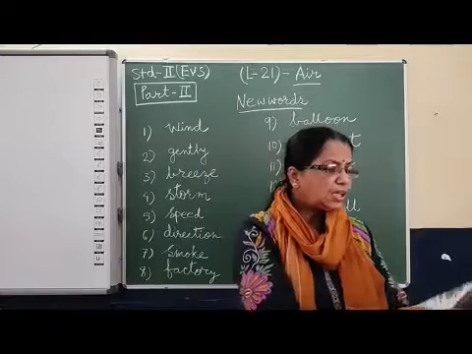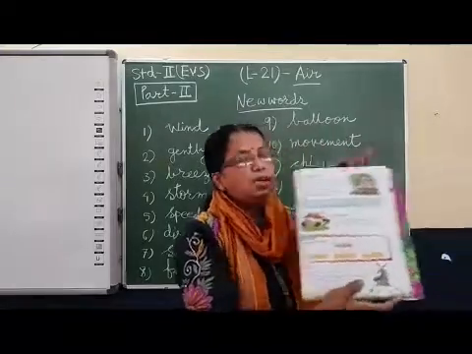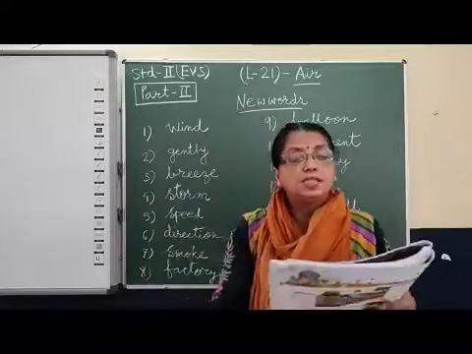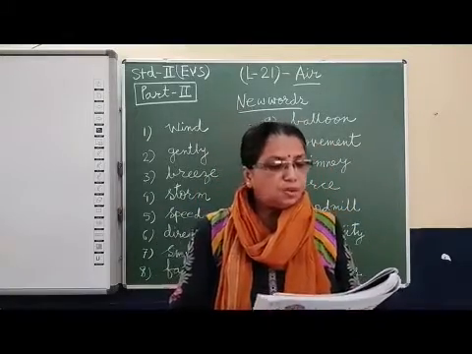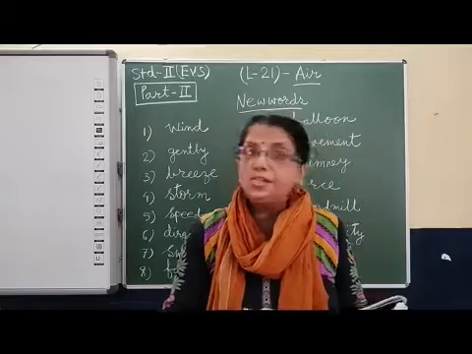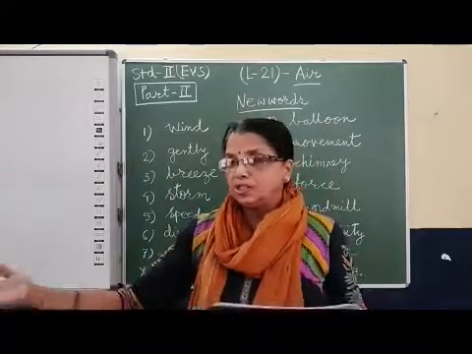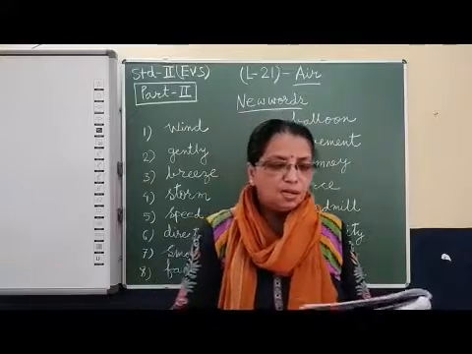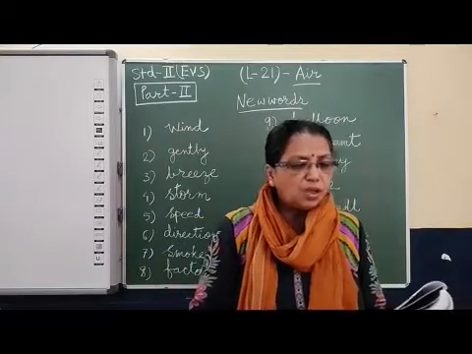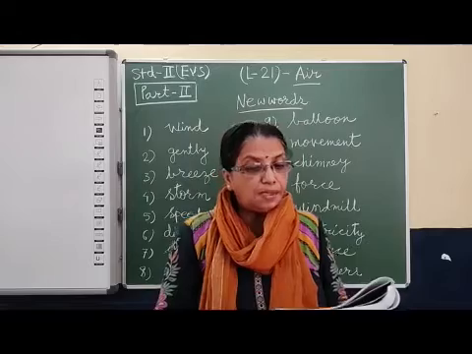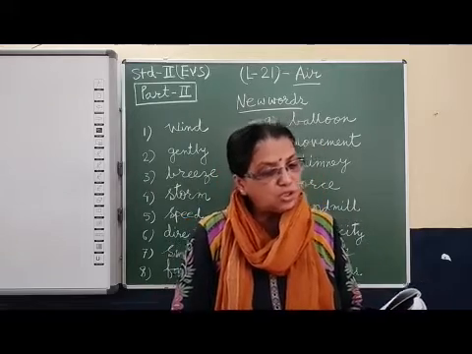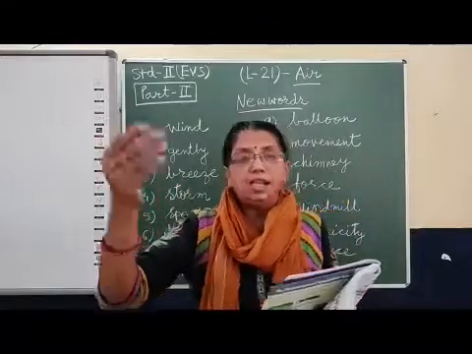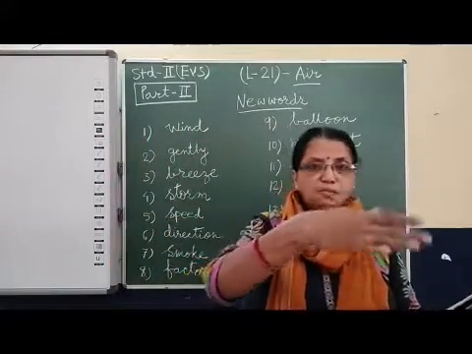That is page number 119. Okay. Air has direction. Just now I told you, no? Air always blows in a direction, either east direction or west direction or north or south. Okay. The direction of air can be seen by the movement of things like branches of trees. You can see that sometimes the leaves of the trees are blowing.